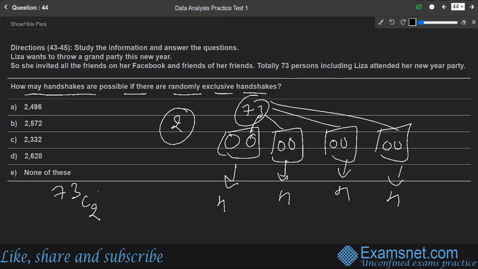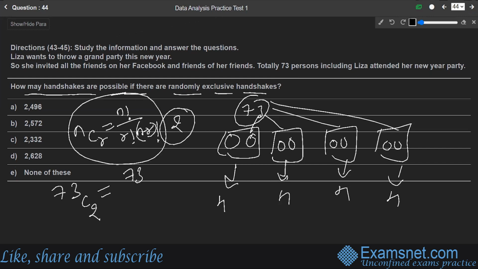Expansion of nCr, as stated in the earlier question, is n factorial divided by r factorial times n minus r factorial. So let us apply the same thing. n factorial becomes 73 factorial, divided by r factorial, which is 2 factorial, multiplied by 73 minus 2 factorial.